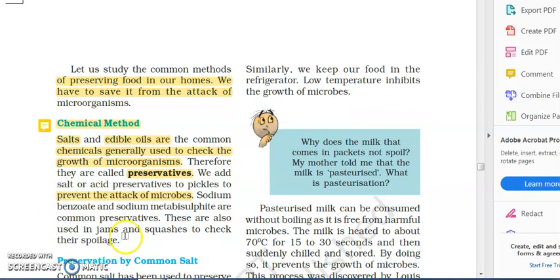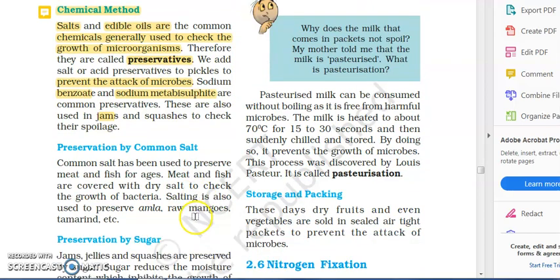The common preservatives are sodium benzoate and sodium metabisulfite. These chemical preservatives are used to preserve our food, and they are also used in jams and squashes to check spoilage.